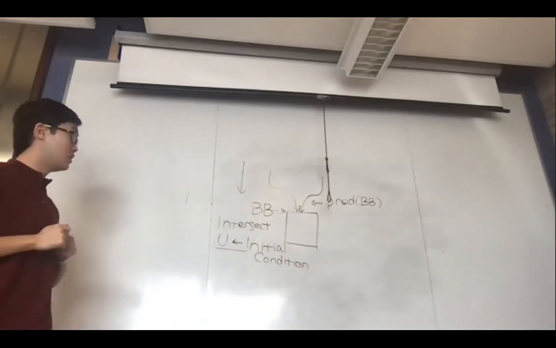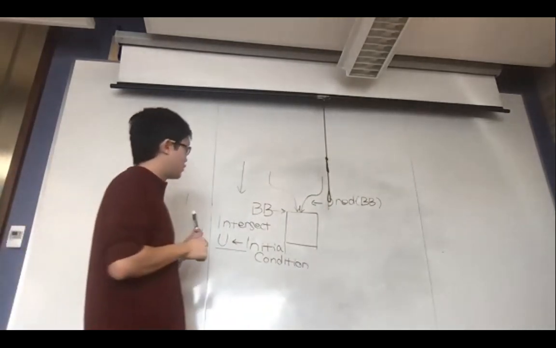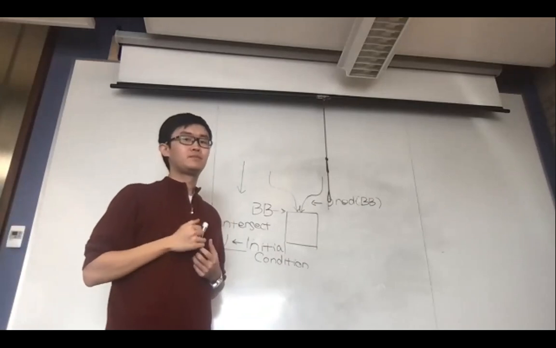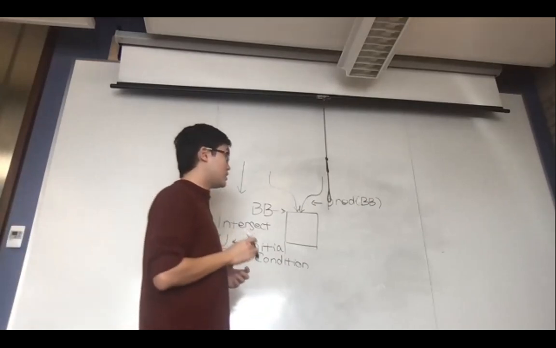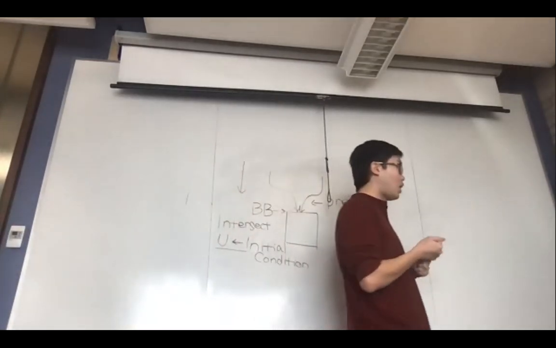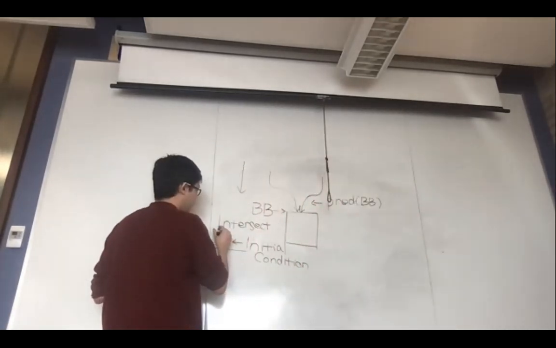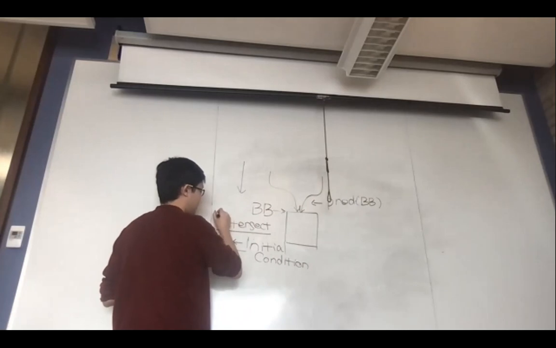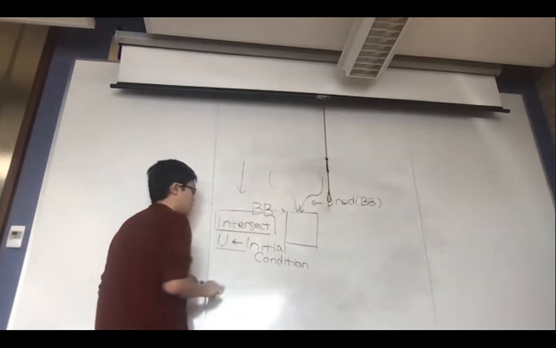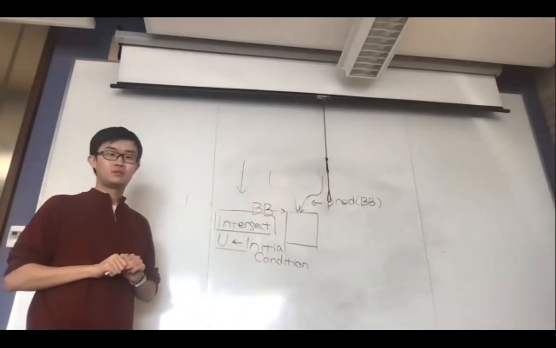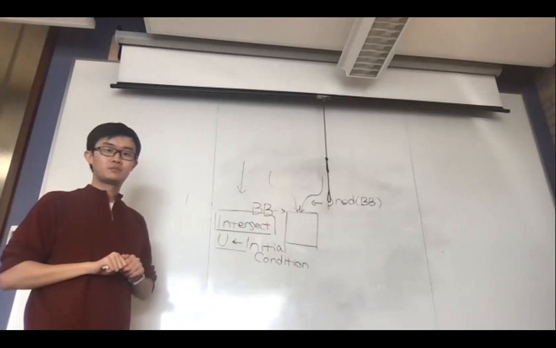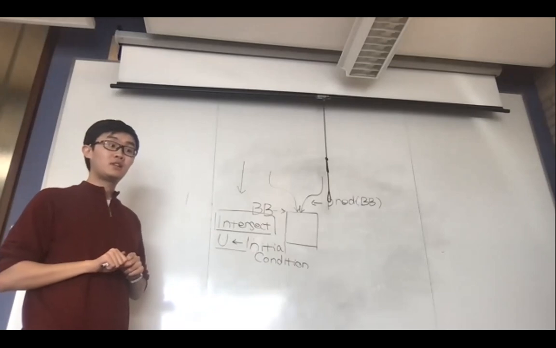Is this clear to everyone? Because this is forward analysis, the predecessors define the meet operands. And after we get the meet operands, we apply the intersect as the meet operation. Is this clear?